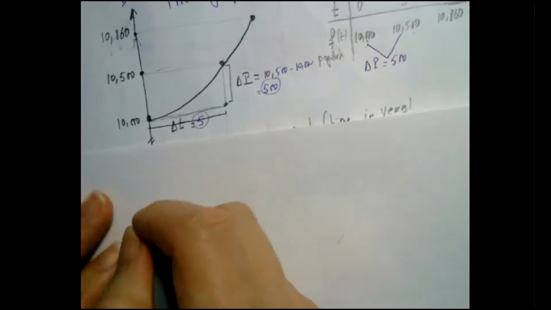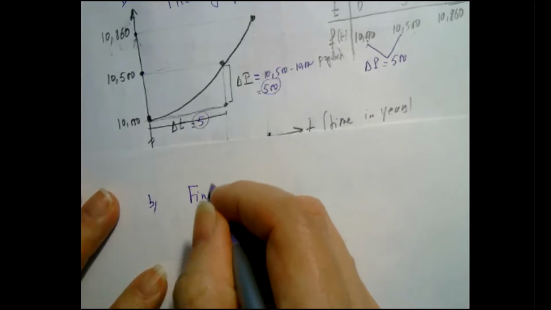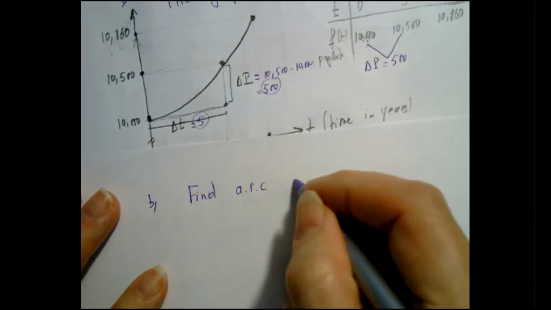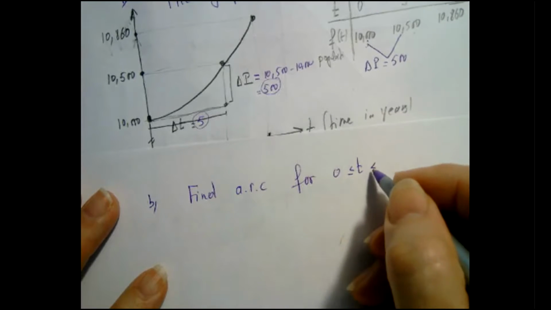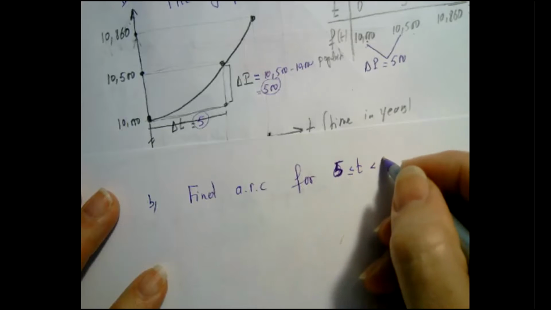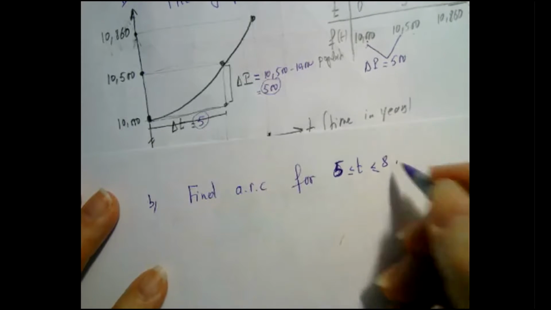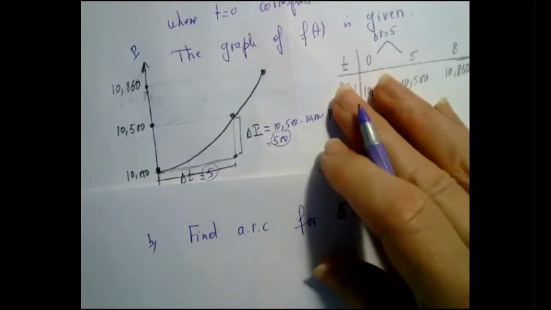So question number B, find the average rate of change for t between 5 and 8 and interpret it. Now I'm interested, is this the same problem between 5 and 8?